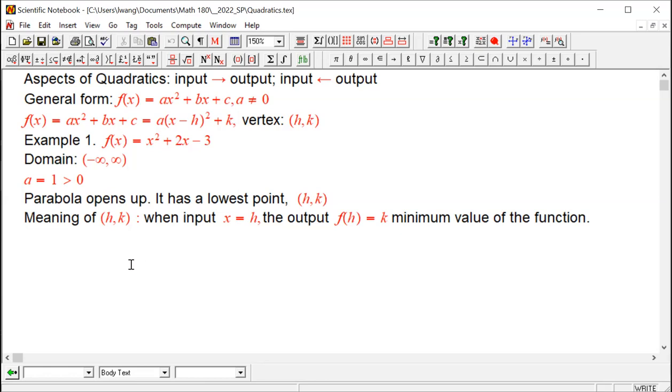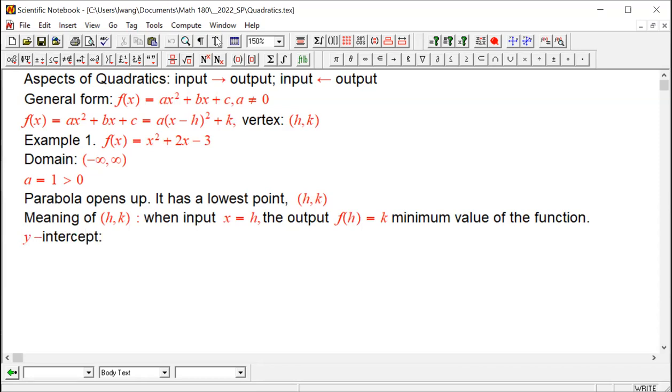Now, the first thing we can find easily, we always start from easy. So we know it opens up, we'll answer that question. So the next easier thing to do is to find the y-intercept.